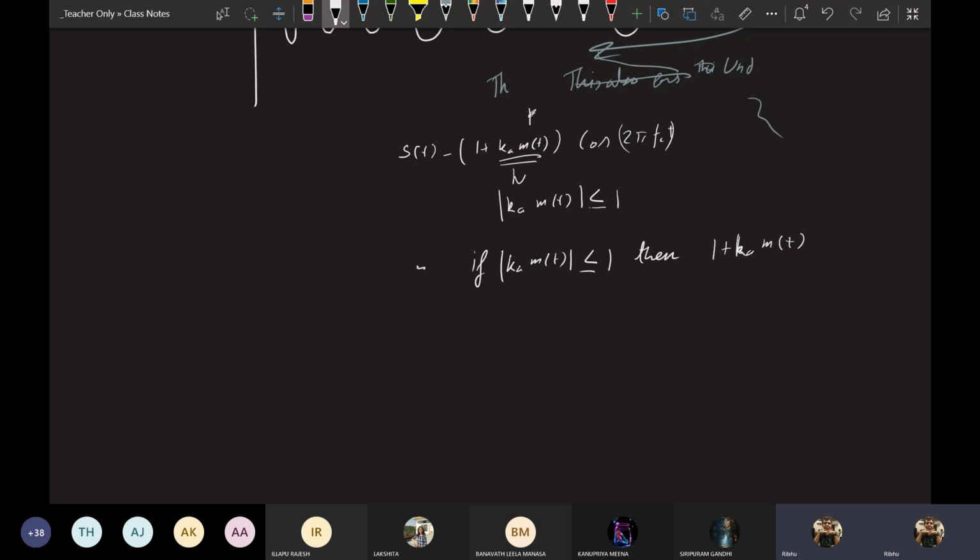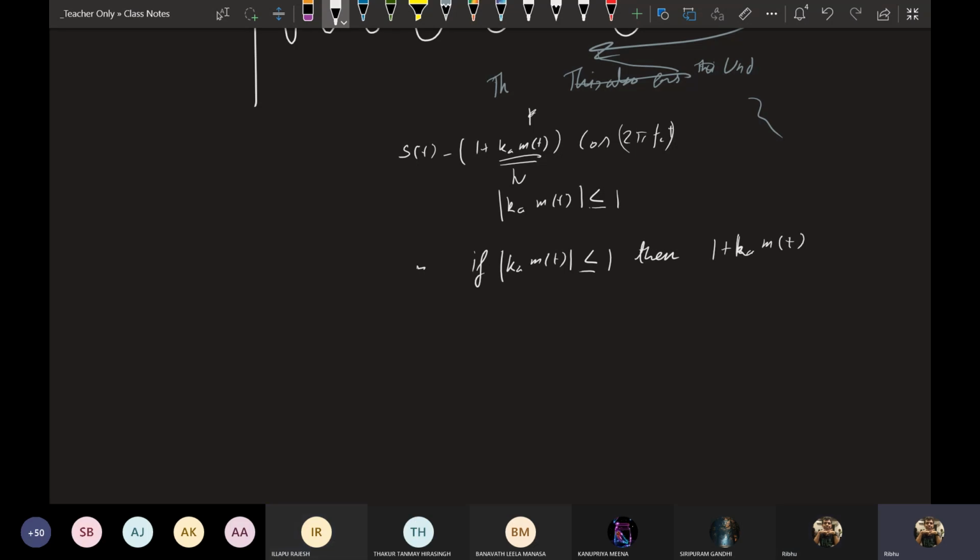What does this mean? Anyone? Rajesh, what does this mean? If the mod of Ka m(t) is always less than or equal to 1, what does this imply for 1 plus Ka m(t)? Rajesh?